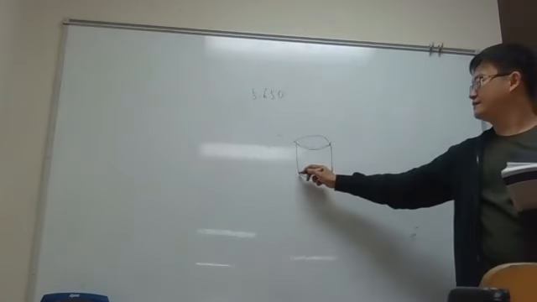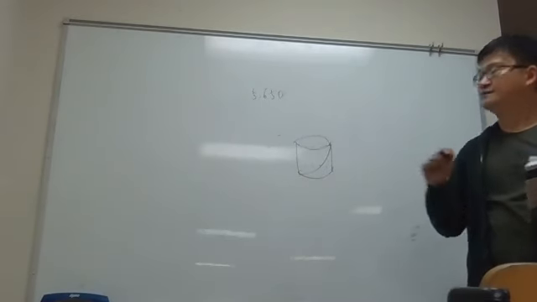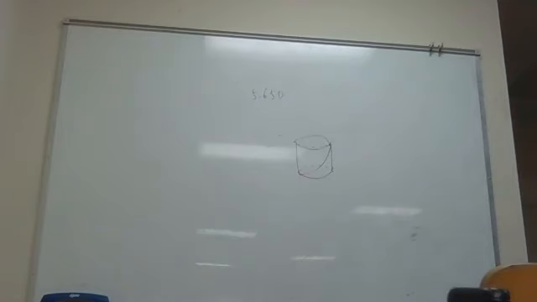So the diameter is like one leg and then the height is another leg. So that curve thing will be like the hypotenuse. Hypotenuse again, right? So what's the answer? For this one, what answer did you get?